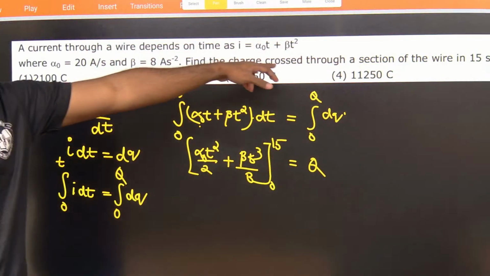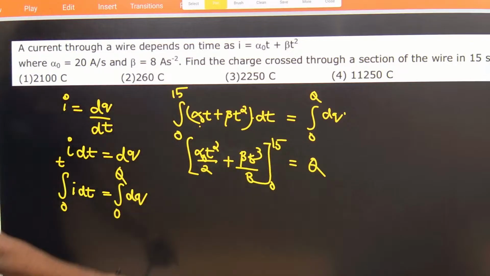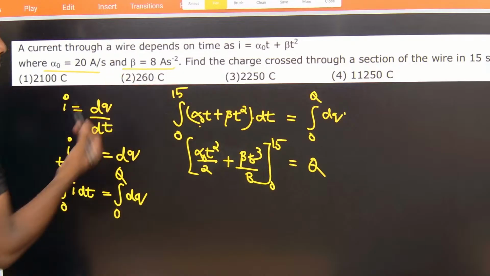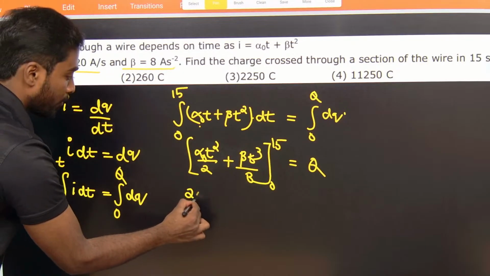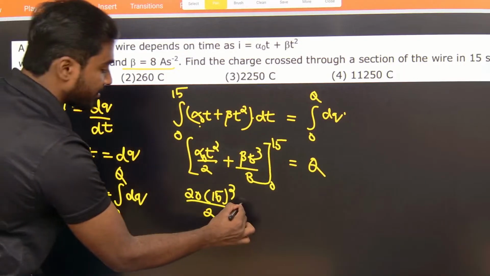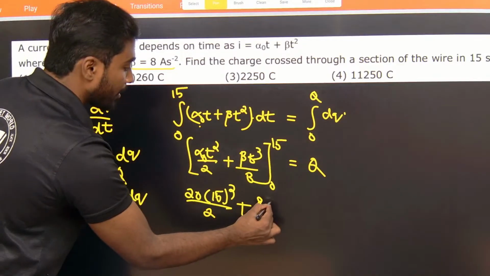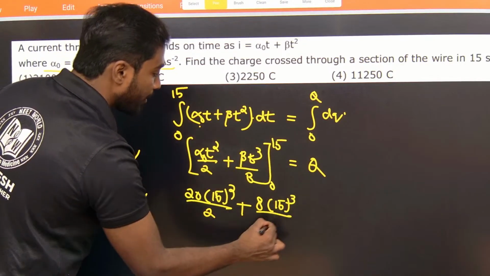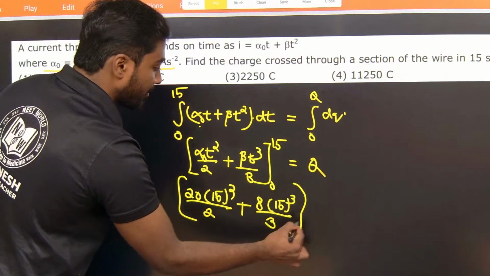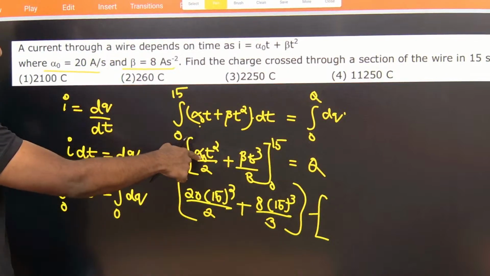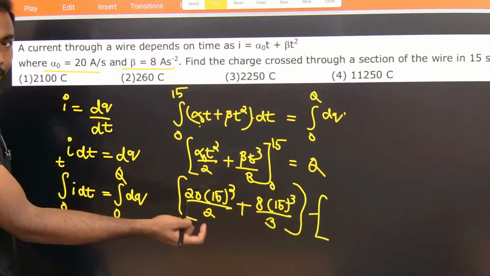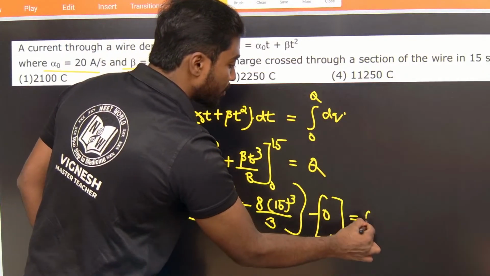I need to find the charge. So I substitute the values: alpha is 20 and 15 square by 2, plus beta is 8 and 15 cube by 3, minus the value at 0, alpha into 0 by 2 plus beta into 0 by 3, which is 0. So the total is equal to q.